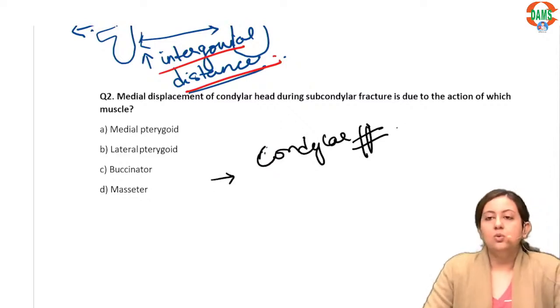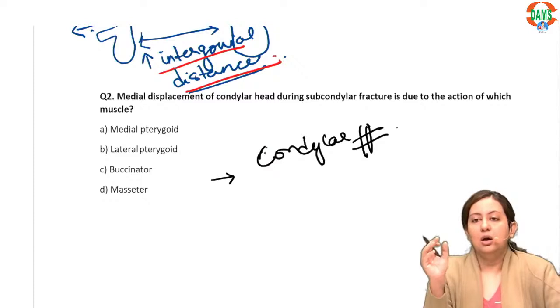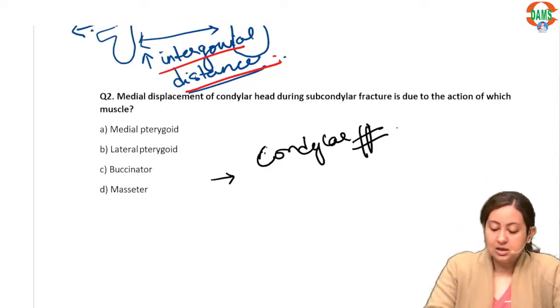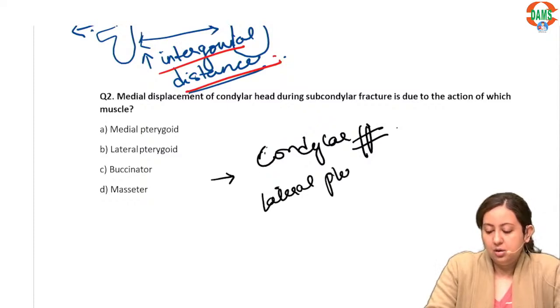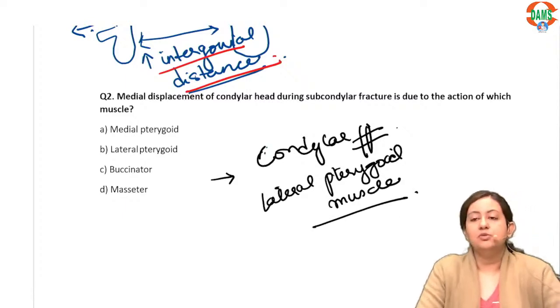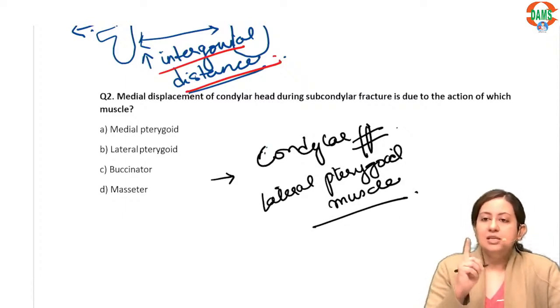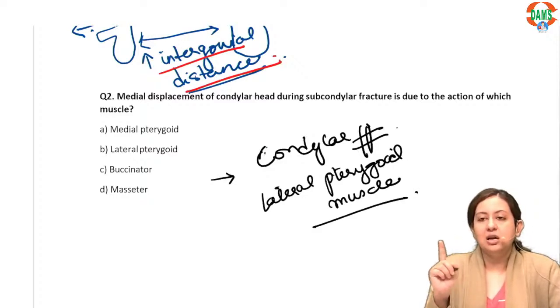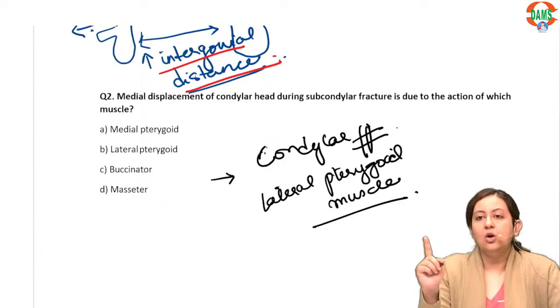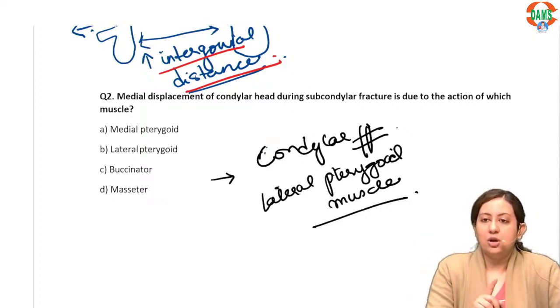Now we all know that the condyle has attachment of the lateral pterygoid muscle. All right, condyle has attachment of the lateral pterygoid muscle. Please remember, the only muscle of mastication which has its attachment in the condyle or in the TM joint capsule is the lateral pterygoid.